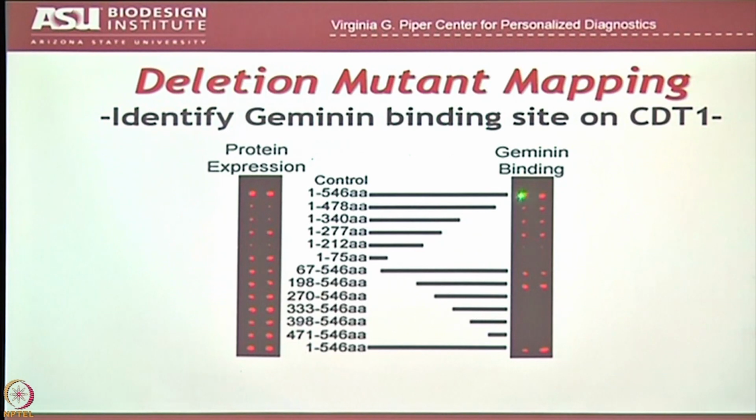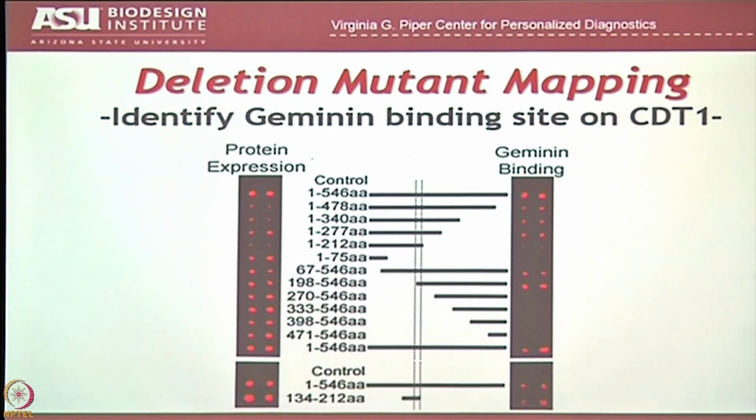And you can see that geminin binds to some of them, but it doesn't bind to others. So that gives you some sense of where the binding site is, right? This line here, if this part of the protein was present, then it always bound. And so that allows you to map quickly where 2 proteins may talk to each other. And then Nero went back and made a very small version of this and showed that it was sufficient for binding.